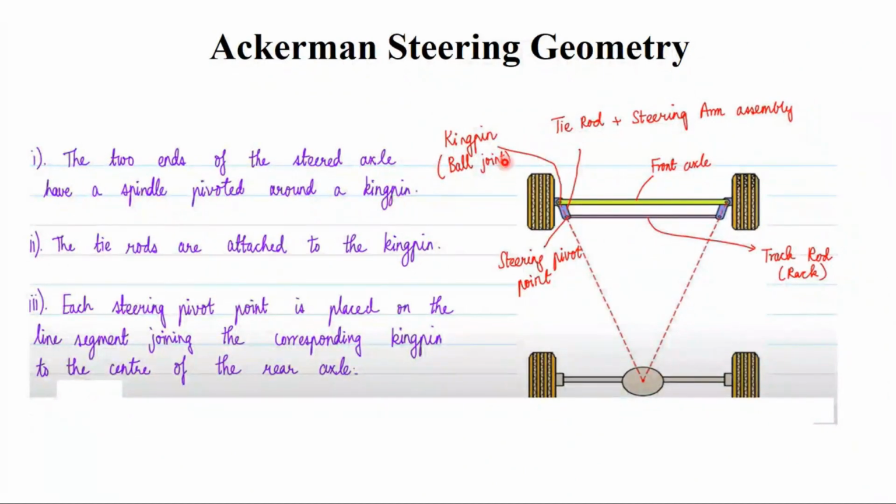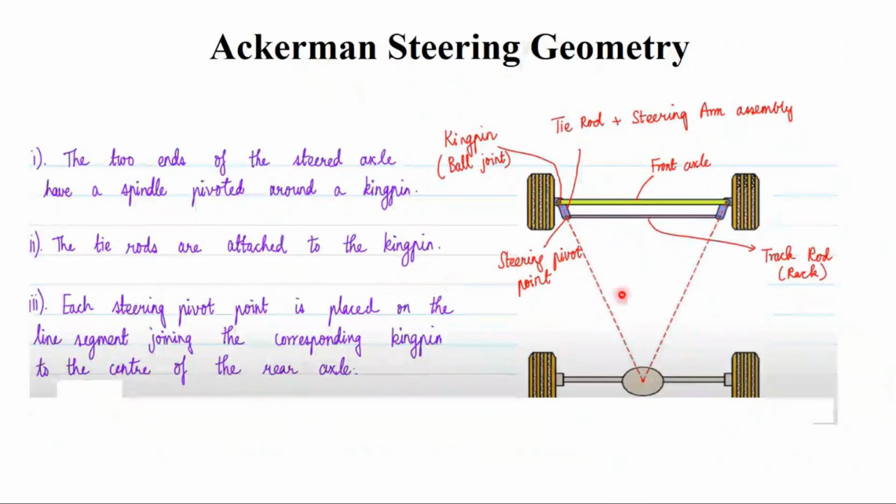In the case of a commercial vehicle, you call it a kingpin. In the case of a car, you call this a ball joint. And the point which is connecting the track rod, okay, this is the track rod. It is nothing but the steering pivot point.